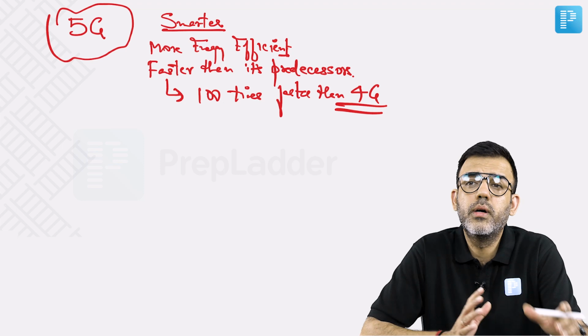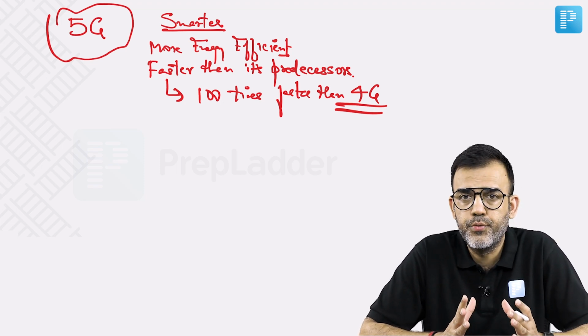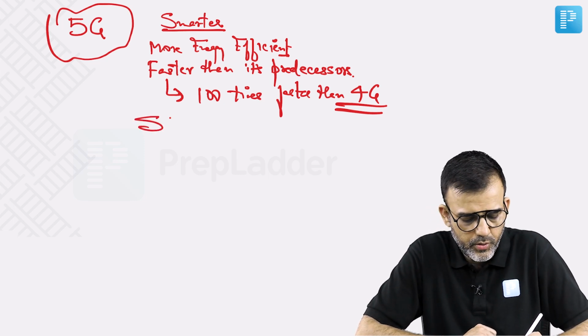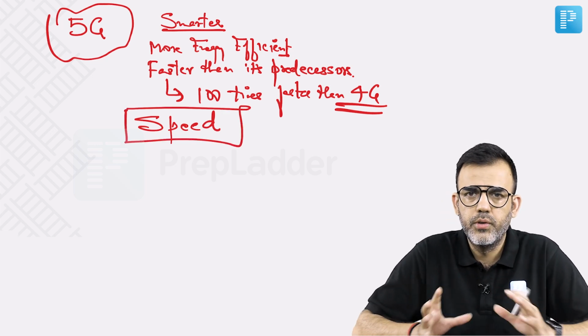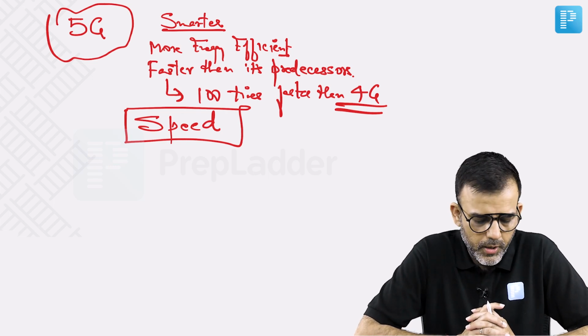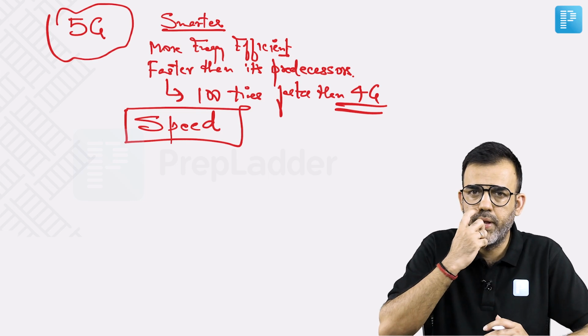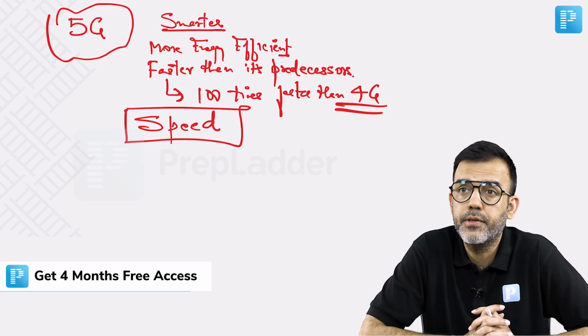But still, the main points on the basis of which we can distinguish between 4G and 5G include speed. So the first parameter will be speed. Later in the video, we will summarize through graphics the advantages that 5G will have over 4G. But let's understand the concepts included in this.